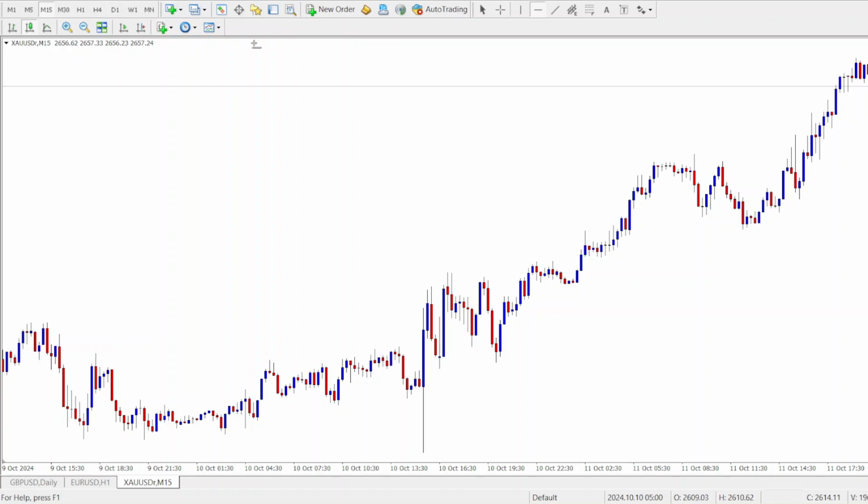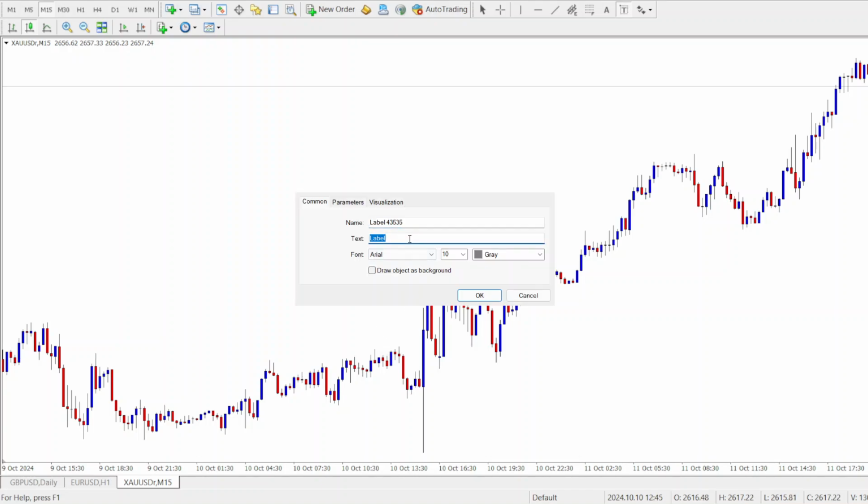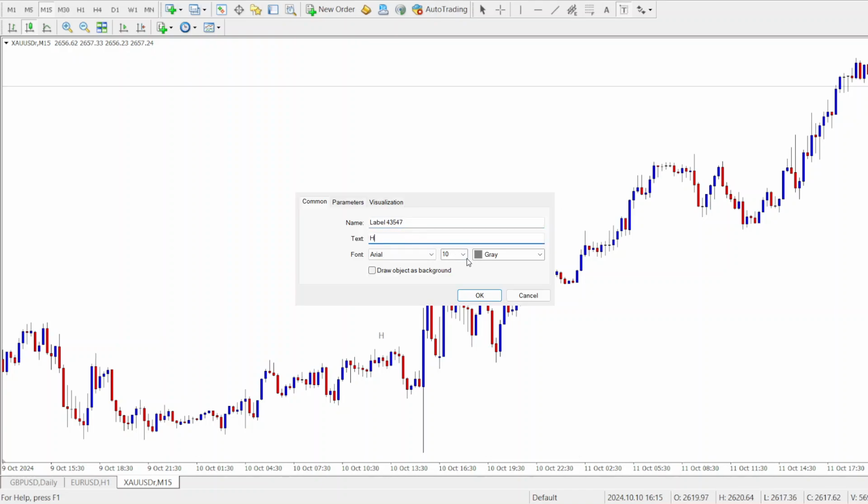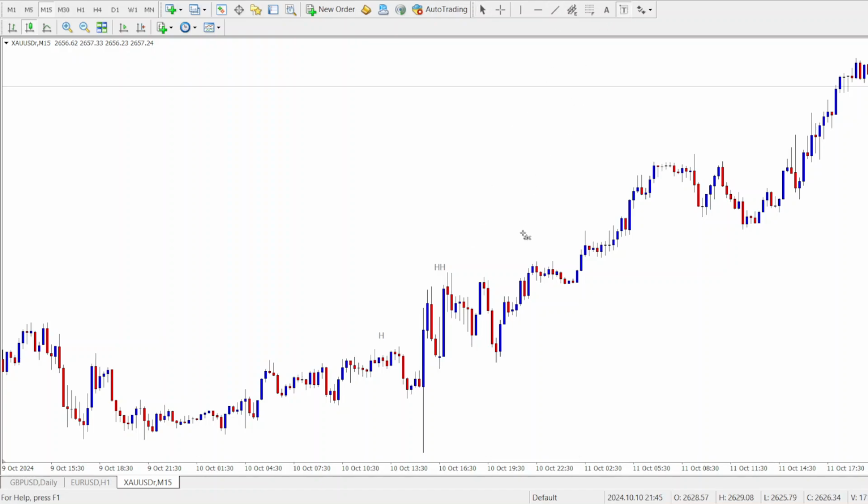Now, how do you identify higher highs and higher lows? It is as easy as it sounds. You have a high, and then you have another high that is higher than the previous high. I know it sounds silly, but that's just it. Then we have another high.